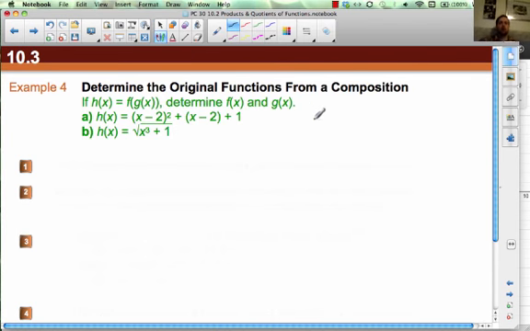Okay, now determining the original functions from a composition. This is the last thing we're going to do today, so let's see how it works out. We are given a composite function here, and we want to break it down into two individual functions. So what we need to do is look for anything that's common in each of the terms, or in more than one term.